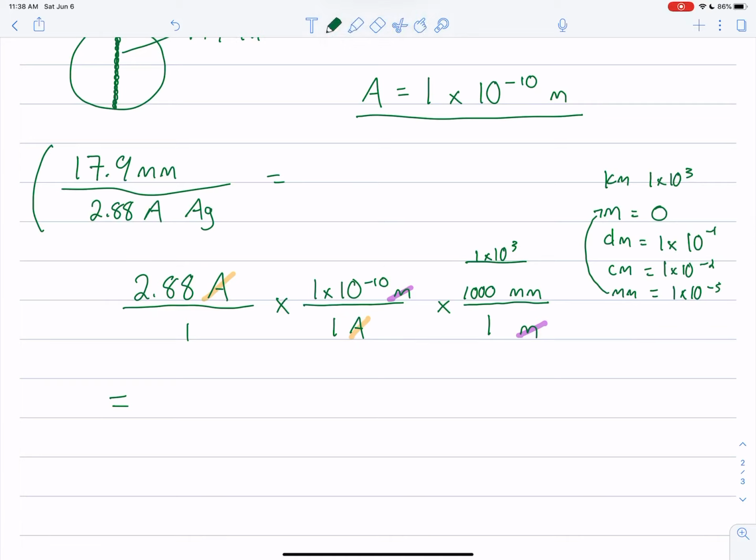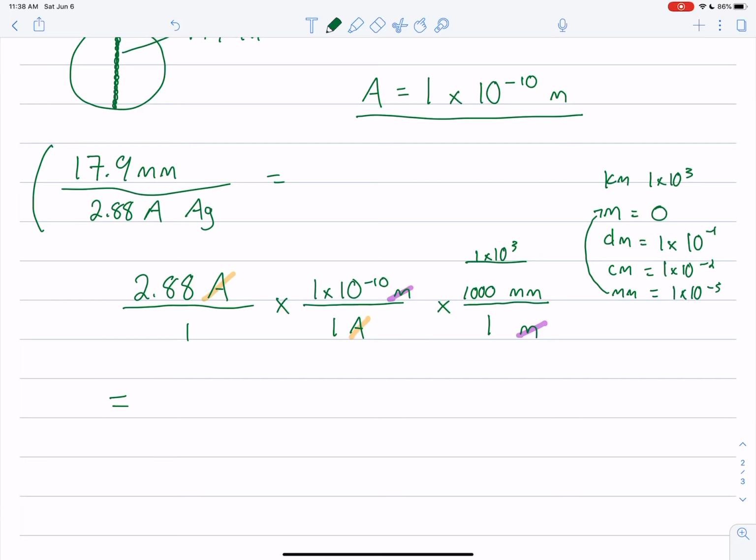And our calculation is, I have my calculator here, 2.88 times 1 times 10 to the negative 10th times 1,000. So 2.88, you always double check, times 1 times 10 to the negative 10th times 1,000 millimeters over 1. You don't need to put the over 1 there.